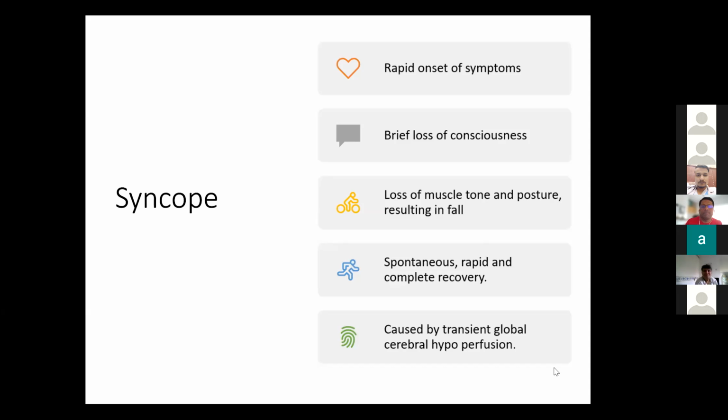Otherwise you can have other things included in the diagnosis. It is caused by transient global cerebral hypoperfusion. That is the bottom line in this diagnosis. This underlying pathology contributes to the rapid onset symptoms, brief LOC, loss of muscle tone, leading on to the fall, but it is followed by rapid and complete full recovery.